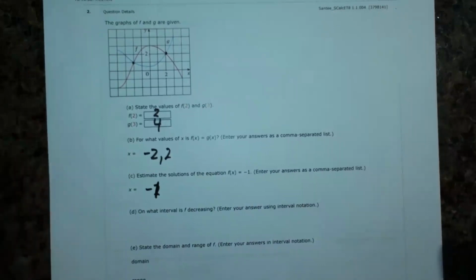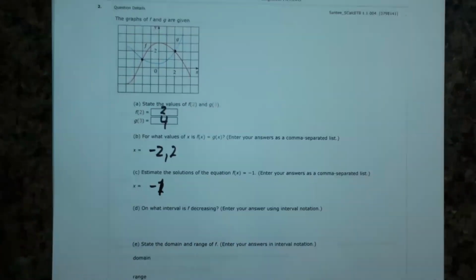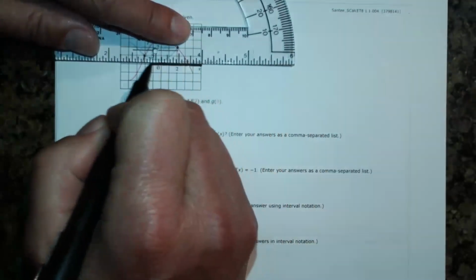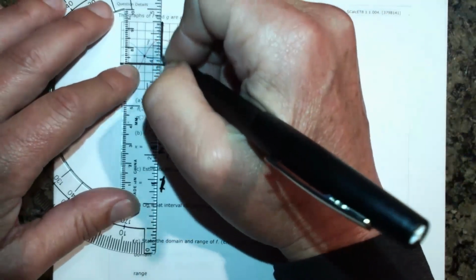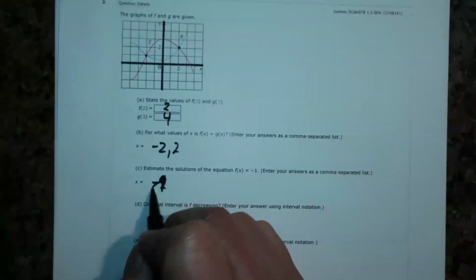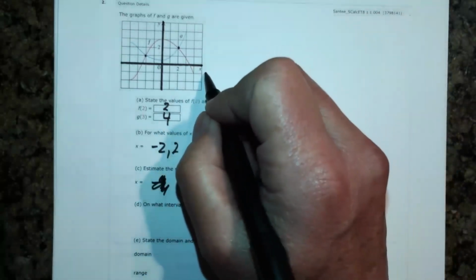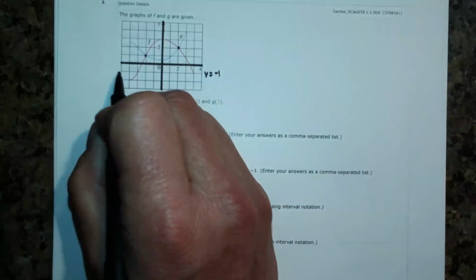All right. Let's fix this. I'm going to make this a little darker so we can see where the x and y axes are. There. Let's start this one again. So y equals negative 1 is down here.